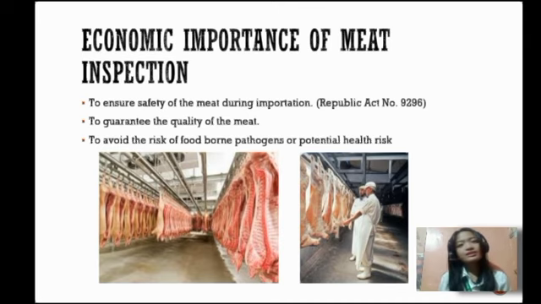Basically, these are all under Republic Act number 9296, as mentioned. The Republic Act states that the meat should be carefully inspected in a hygienic facility or by a licensed veterinarian.